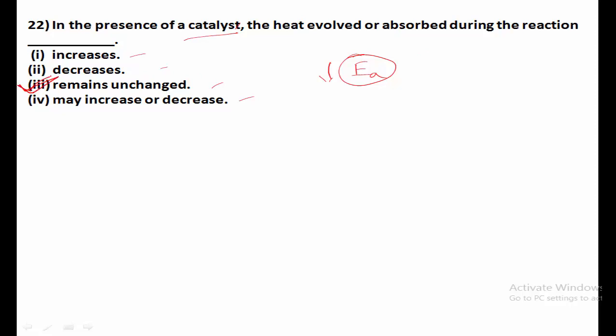Whatever process takes place, it takes place as it is, but the only change that will be observed in the presence of a catalyst will be its activation energy. So the heat evolved or absorbed during the reaction will remain unchanged. So the third option is the right one.